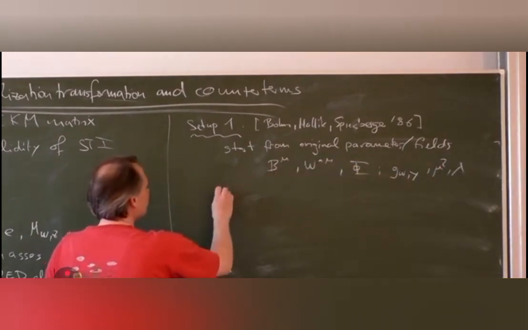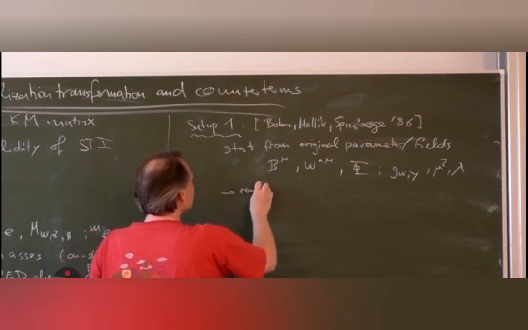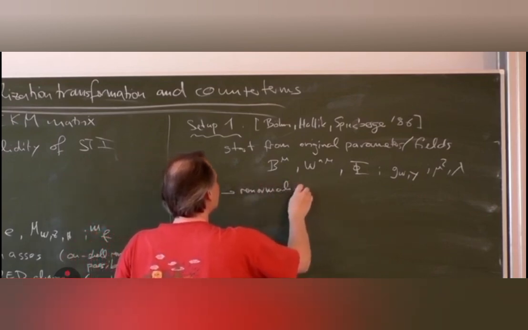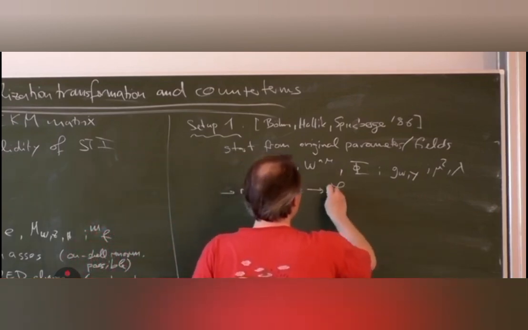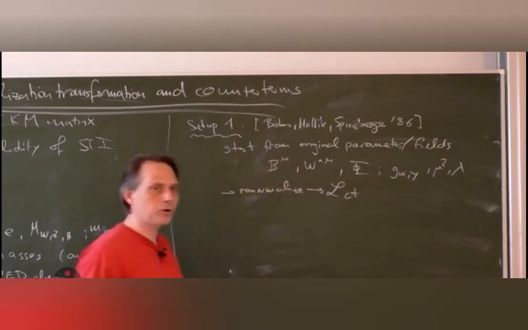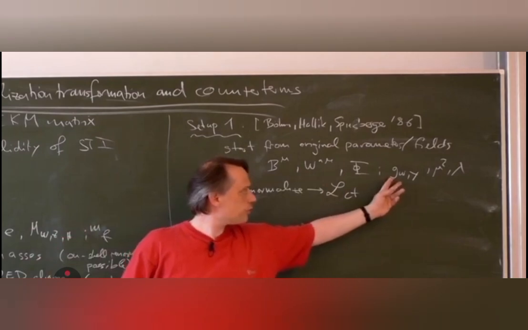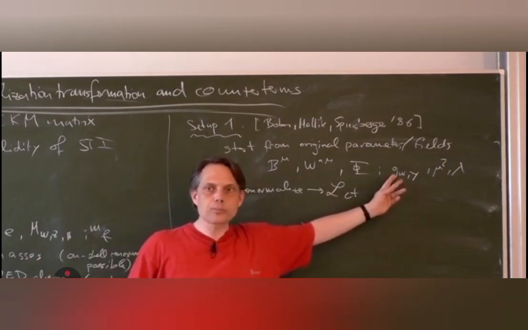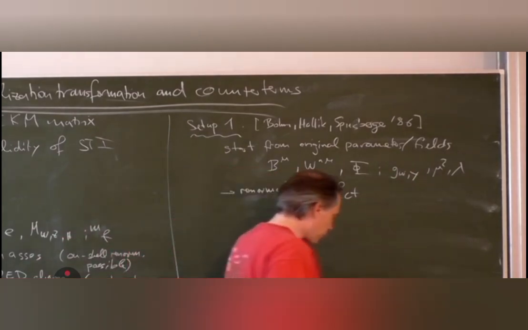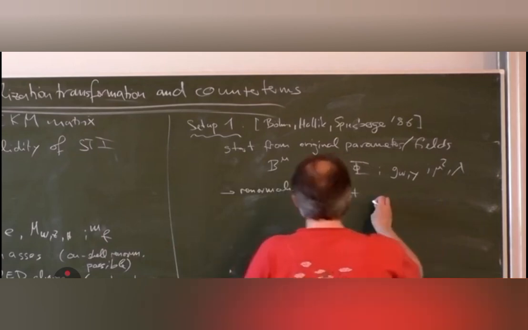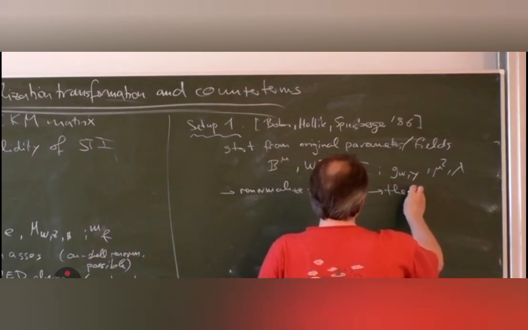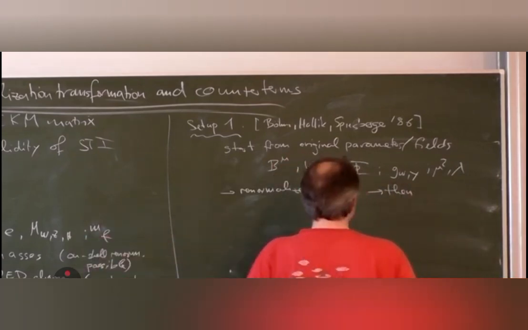Then they renormalize them. Then they obtain from this a counter-term Lagrangian, which depends on those fields, the original fields, and on things like delta gW, delta gY, and so on. And only then they introduce the physical fields as we have done at tree level.